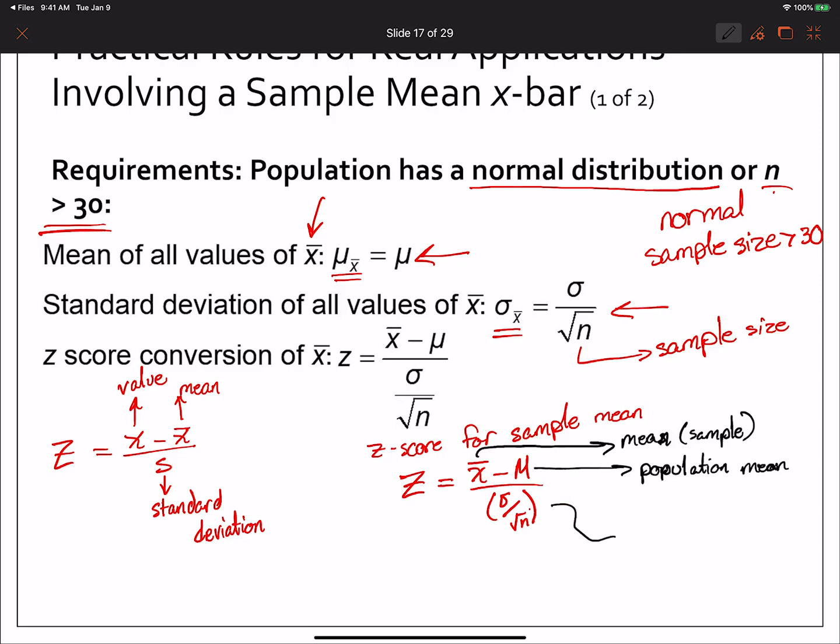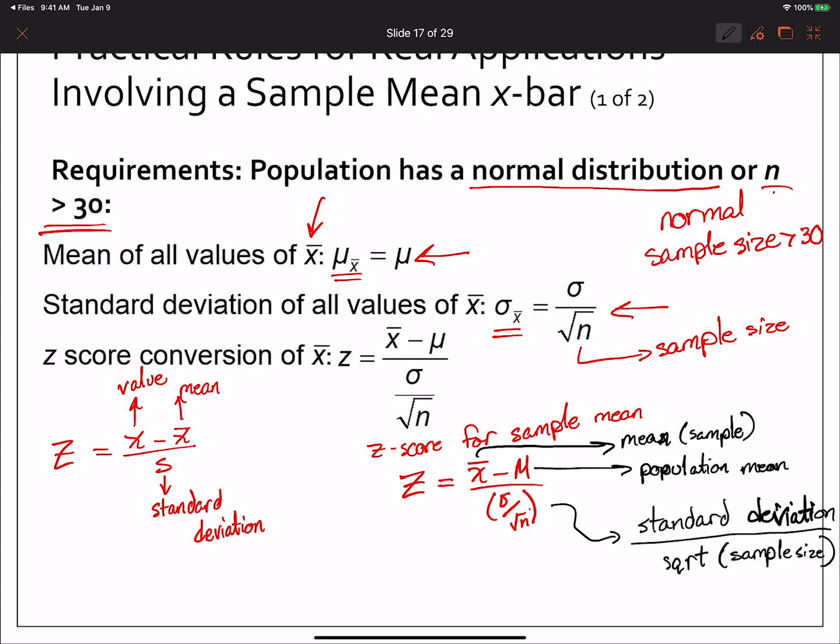And then here is our standard deviation transformation, where we have the standard deviation. And what are we dividing it by? We're dividing the standard deviation by the square root, SQRT is square root, of the sample size.